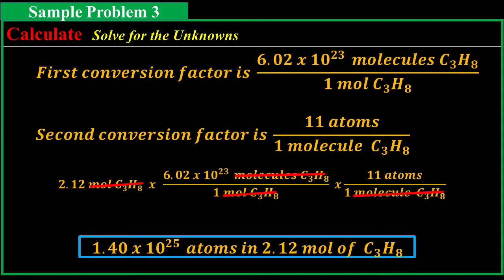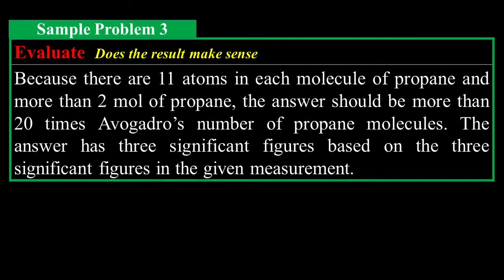So essentially you're converting to the number of particles in 1 mole of propane, and then you're multiplying that by 11, the number of atoms in each molecule. Because there are 11 atoms in each molecule of propane and more than 2 moles of propane, the answer should be more than 20 times Avogadro's number of propane molecules.